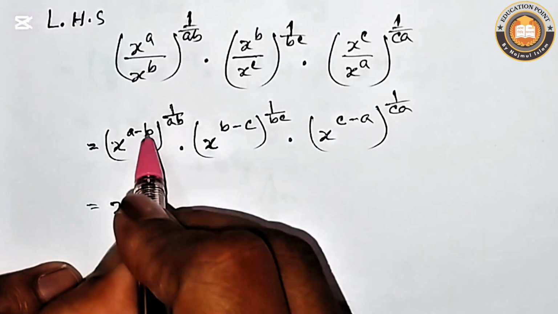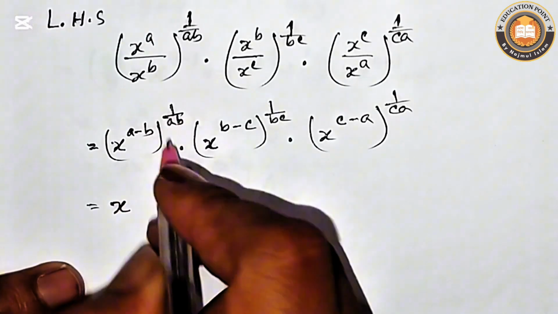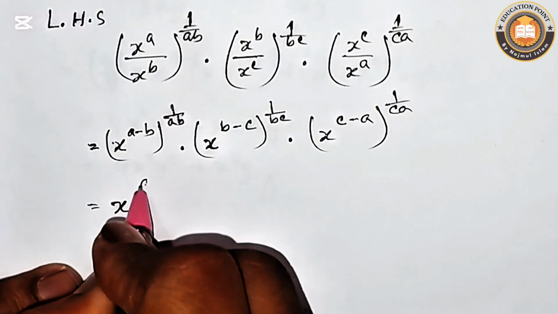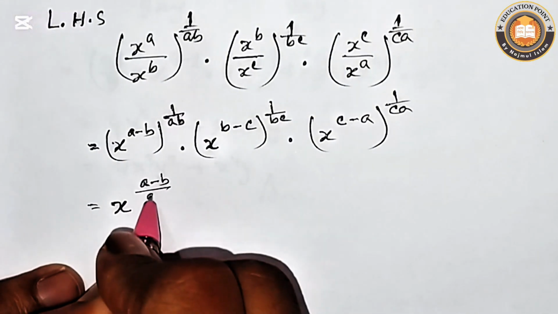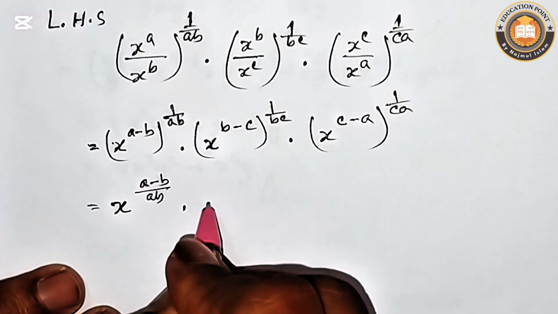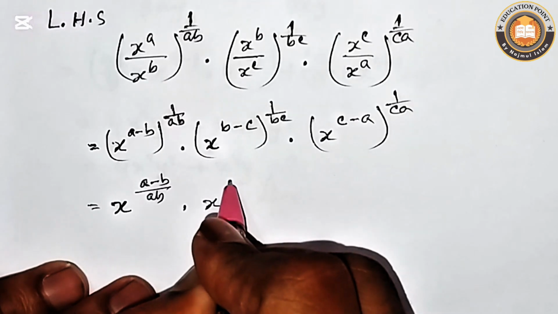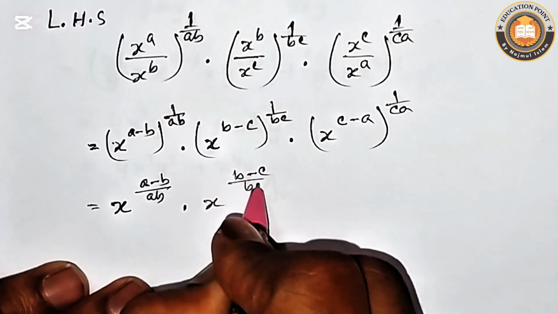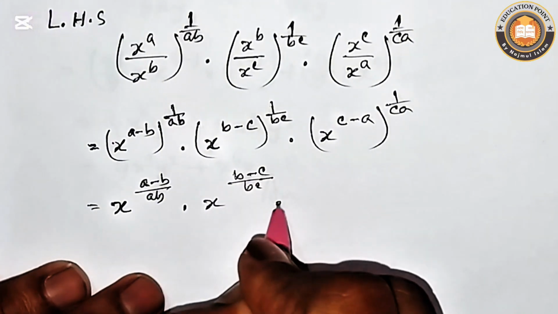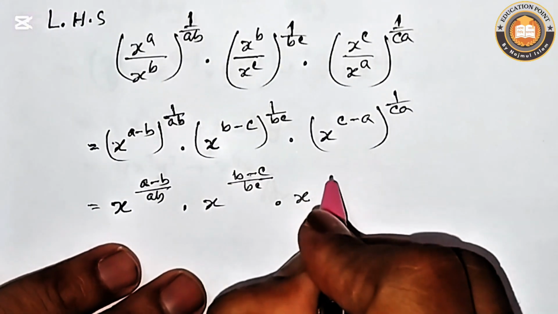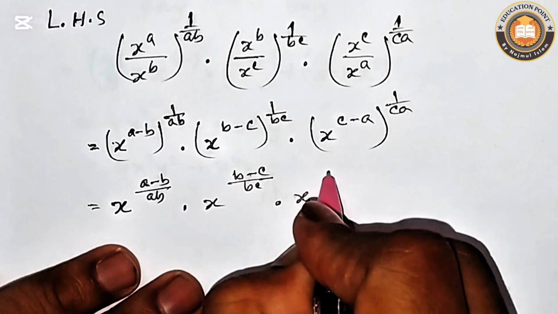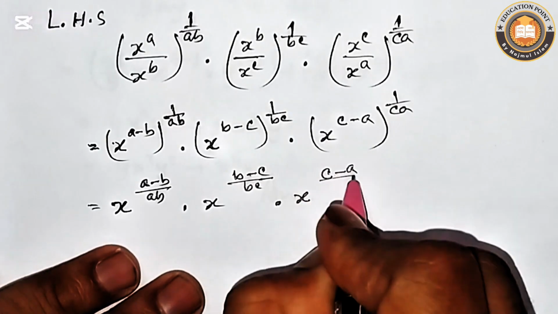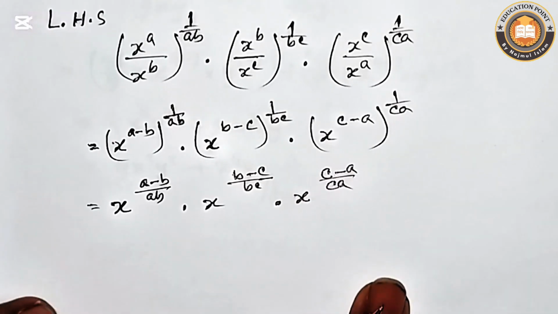So x to the power, here power multiplies with whole power. That means (a−b)/ab into base x, their multiplied power, (b−c)/bc into base x, their multiplied power, (c−a)/ca.